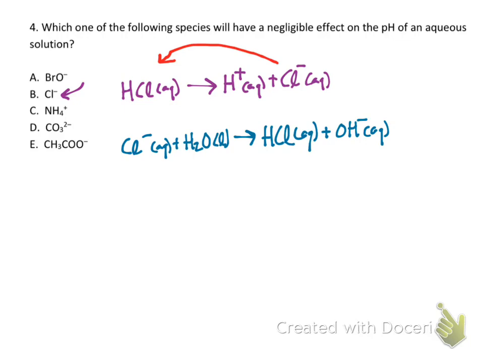No. It's actually a weaker base than water's auto-ionization is. So this reaction, not going to happen here. That's why it's going to have a negligible effect on the pH of a solution. So the conjugate of a strong acid is always going to be a negligible base.